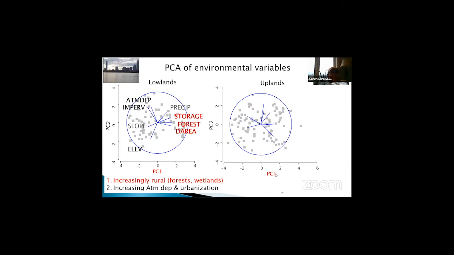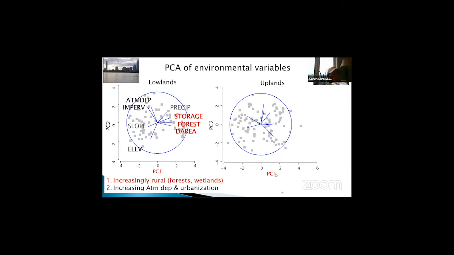So in the lowlands, the primary axis was a gradient from left to right of increasingly rural watersheds, which also corresponded with somewhat increasing stream size. So going from more developed to more rural.